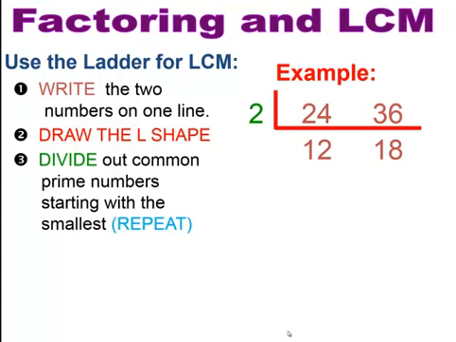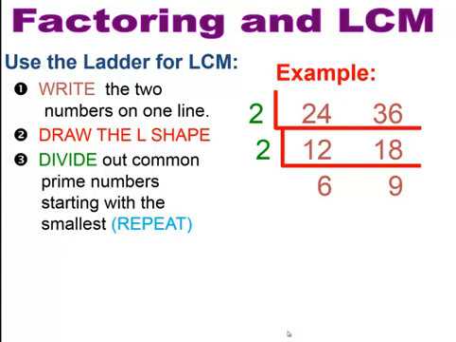Now I repeat this process until they no longer have common factors. I put the L or box around the 12 and the 18 and divide out the smallest common prime number. Again they're even, so it's 2. Dividing 2 into 12 I get 6, and 2 into 18 I get 9.